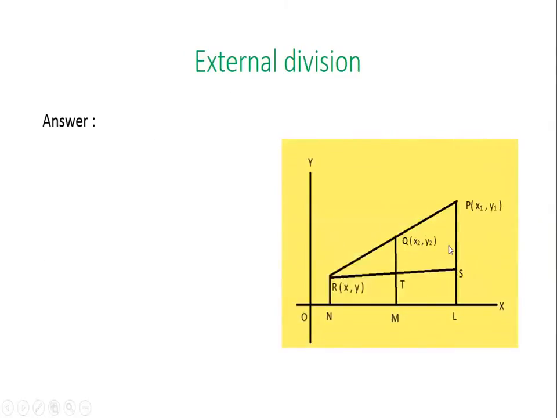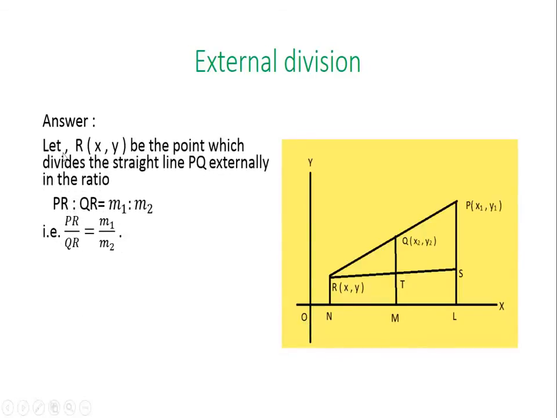Now for external division, at first we draw this figure where this is the x-axis and this is the y-axis, which intersect at the point O. Let R(x, y) be the point which divides the straight line PQ externally in the ratio PR to QR equal to m1 to m2.